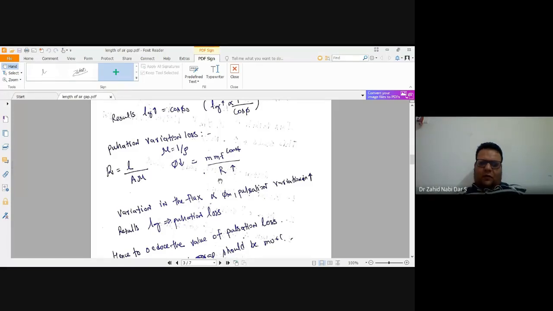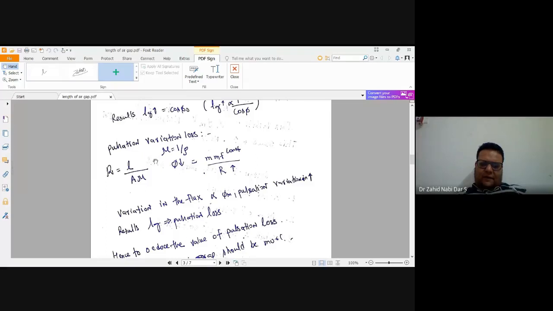In order for the reluctance to increase, you see here that reluctance depends upon factors like length, area, and 1 by rho. So in the numerical, directly you increase the length. If the length of the air gap increases, your reluctance increases. Once your reluctance increases, your flux in the air gap decreases.